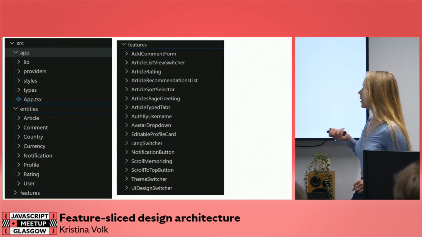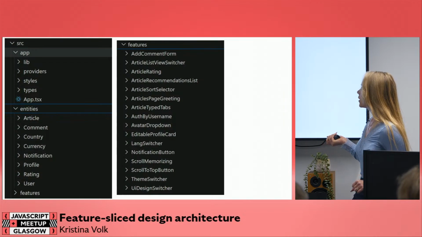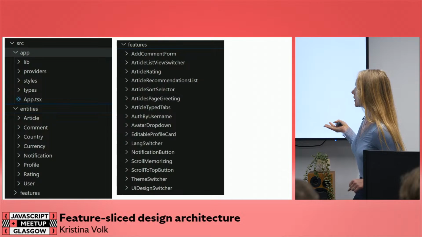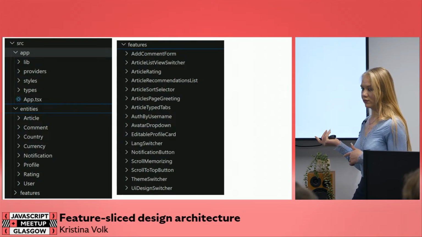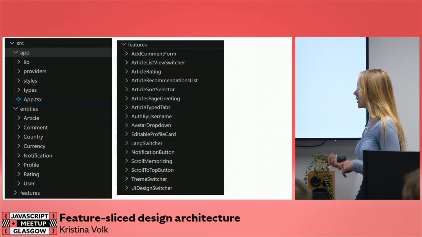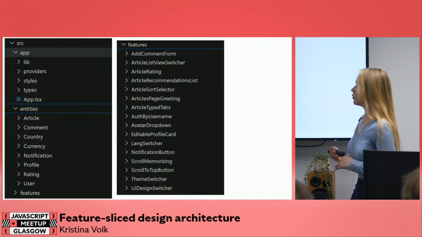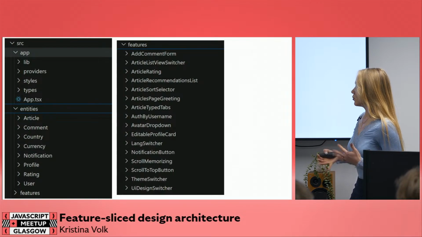Then we unfold our application. This is a real example, my project of an application with the FSD architecture. That just gives you a feeling of how we can store this.